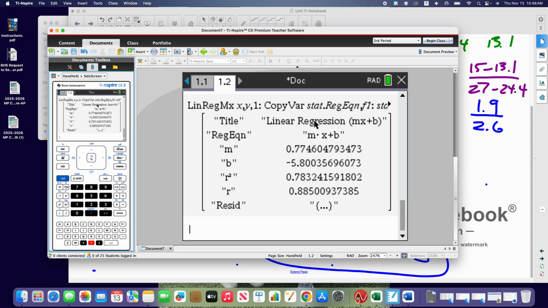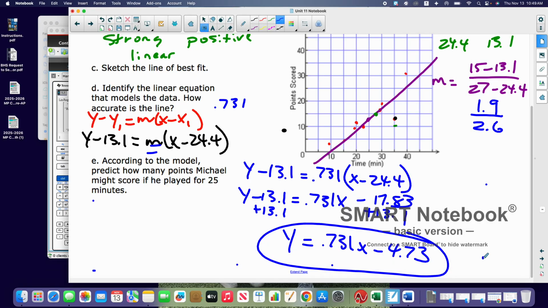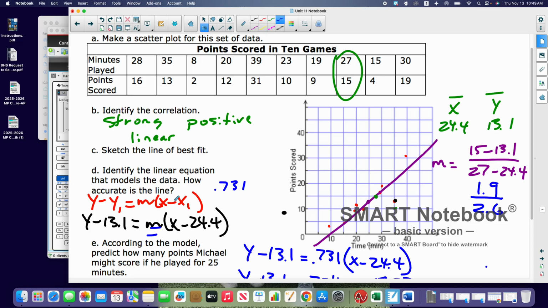Now, the other thing that I want to look at is my Pearson's product moment correlation coefficient, which is my R value. What is that? 0.89, or 0.885 if we're using three significant figures. And when it asks up here to identify the correlation, we could also say that R equals 0.885.